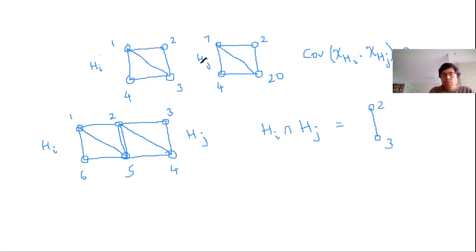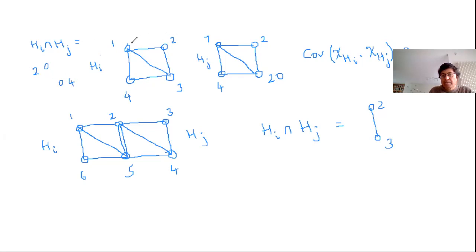By the way, let me also draw what's common to these two copies, Hi and Hj, we first looked at, whose covariance was 0. In this example, the intersection is not empty. It's the two vertices 2 and 4, but with no edges between them.